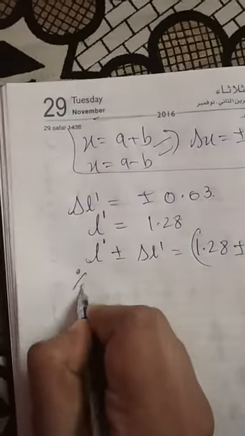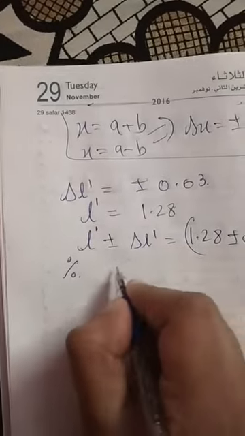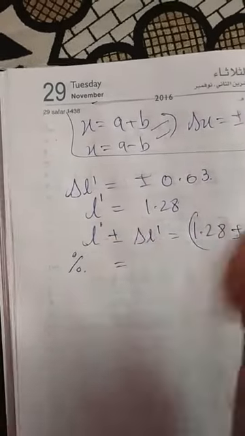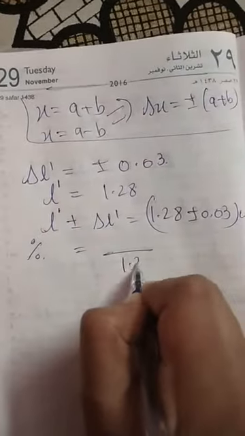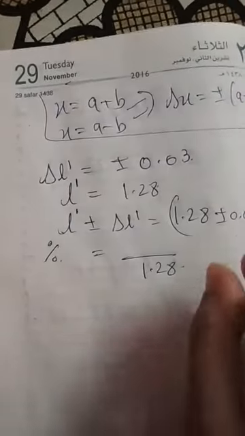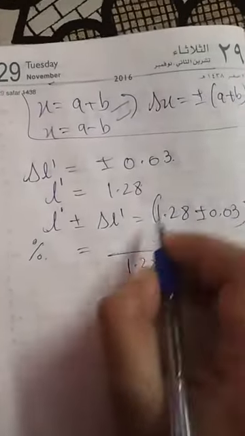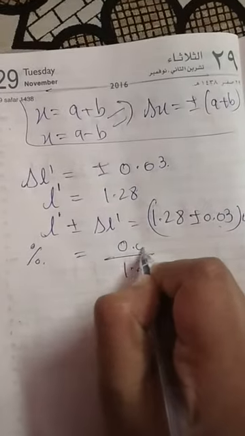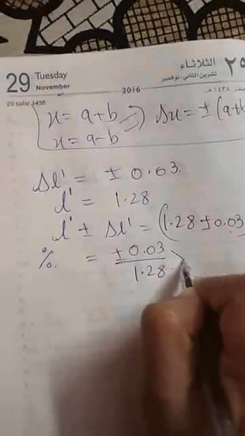Suppose they want the percentage error of it, so how would you write? Remember, percentage error is the relative error: the measured value is 1.28 and the error is plus minus 0.03, into 100.